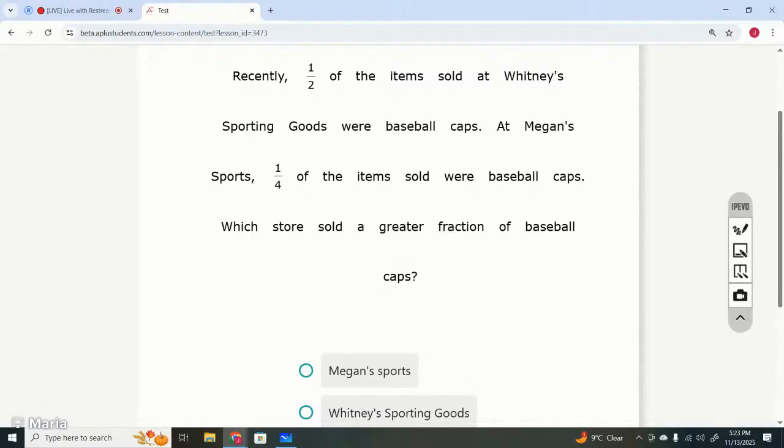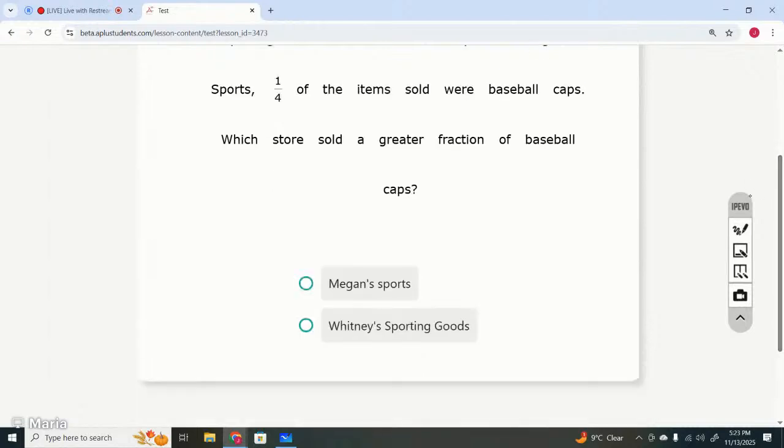Recently, half of the items sold at Whitney's Sporting Goods were baseball caps. At Megan's Sports, one fourth of the items sold were baseball caps. Which store sold a greater fraction of baseball caps? So, which is the correct option?